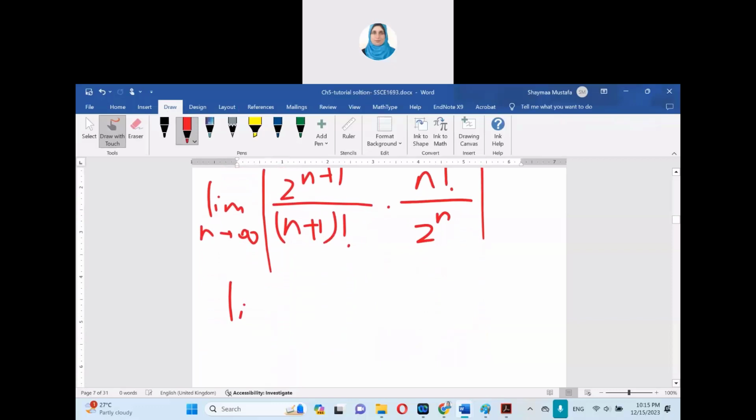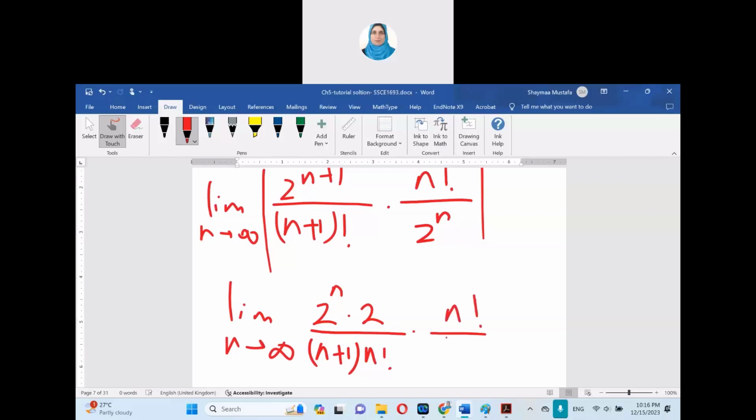So this will be the limit when n goes to infinity of 2 over n plus 1 times n factorial, because n plus 1 factorial is the multiplication of numbers from n plus 1 down to 1. So when you multiply n plus 1 times n minus 1 down to 1, it means n plus 1 times n factorial.